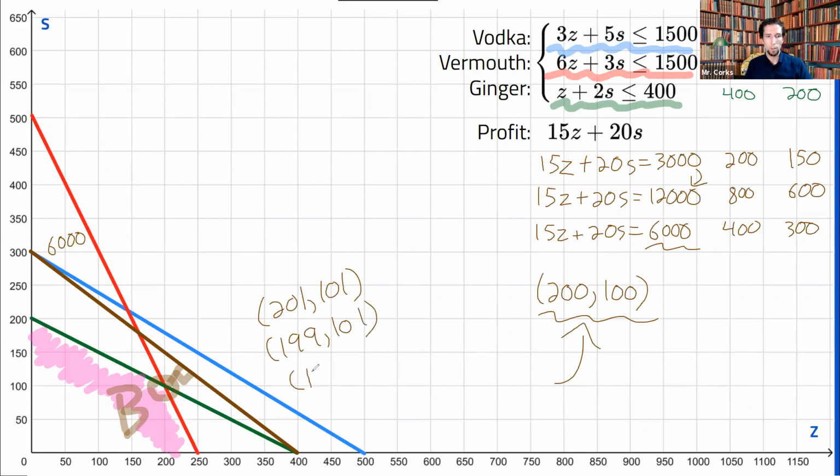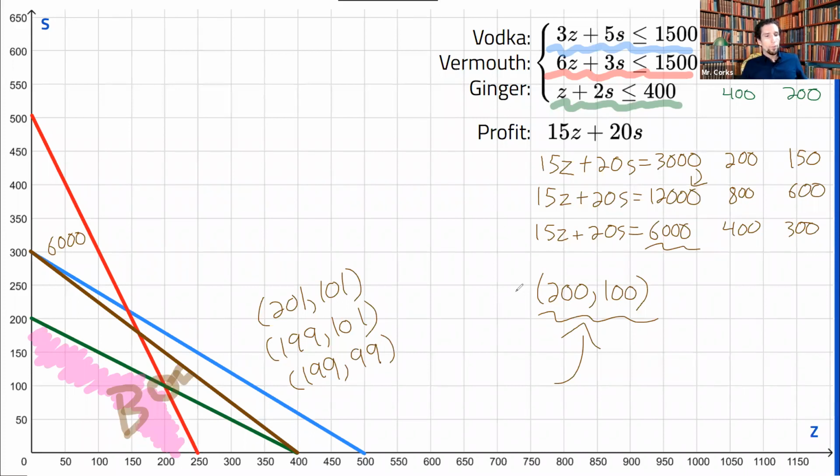It could be 199, 99. Amazing. Professor, we can substitute those numbers into one of the inequalities, I guess. We can compare the 2 inequalities, like the green line and the red line, and find the point of intercept. There we go. That's what we would do.